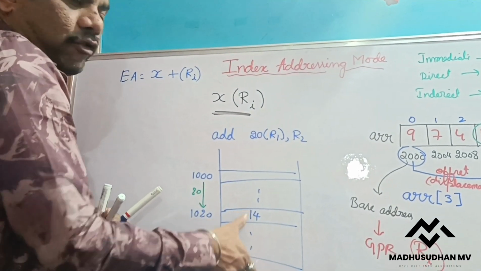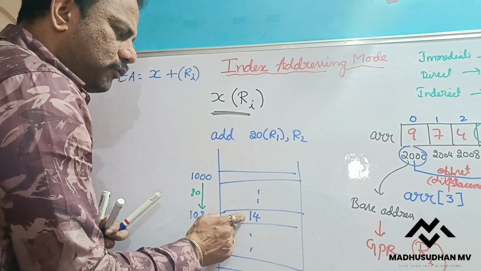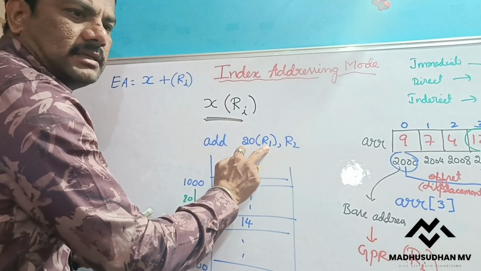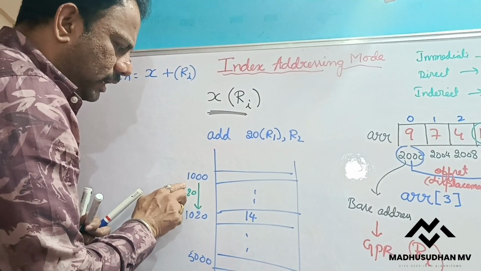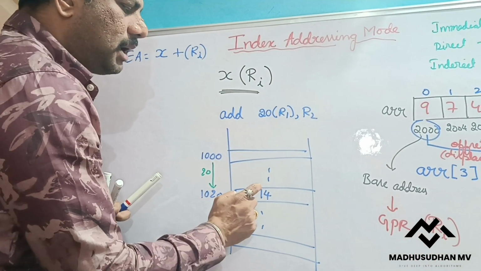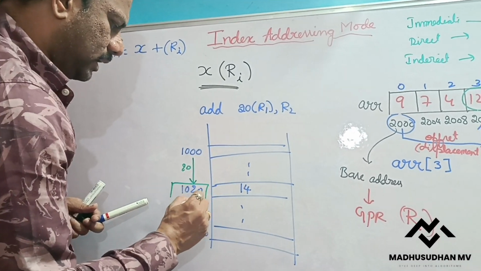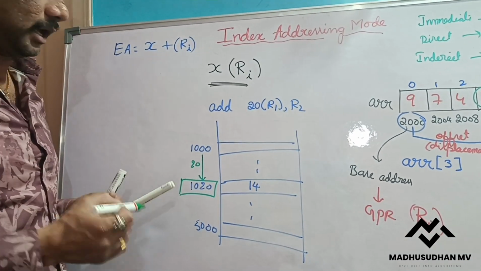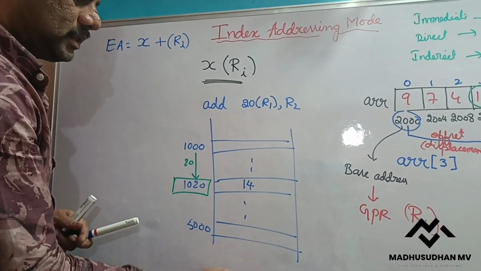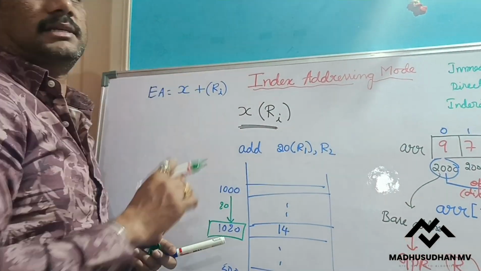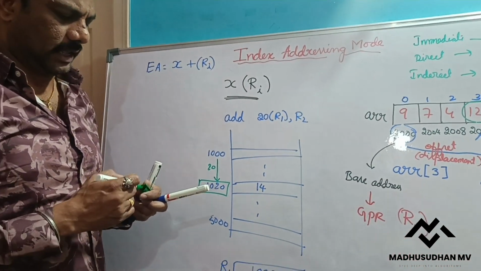I need to add 25 and 14, and to get this 14, I need to move 20 locations from this address. So here my actual operand is there. This is my effective address. I will add 14 with 25, giving 39, which will be stored in R2 only. This is the index addressing mode. Hope it is clear.